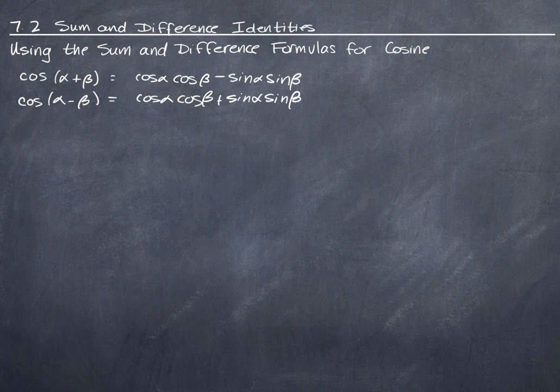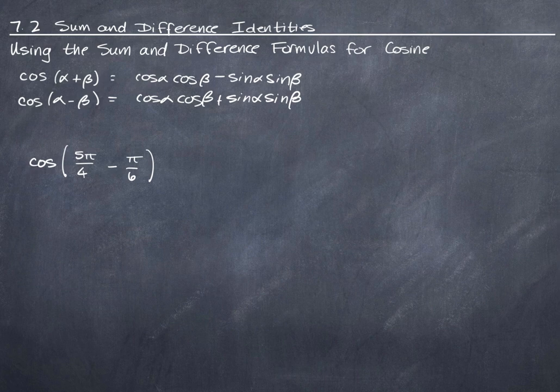By way of example of how it might be used, if you were asked to find, this is just example 1 from your textbook from this section, the cosine of 5 pi over 4 minus pi over 6.